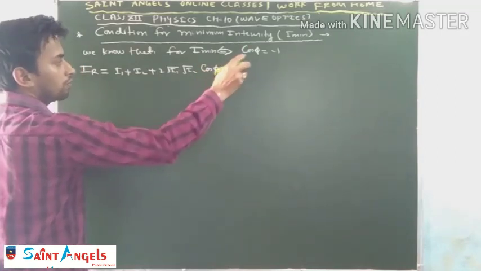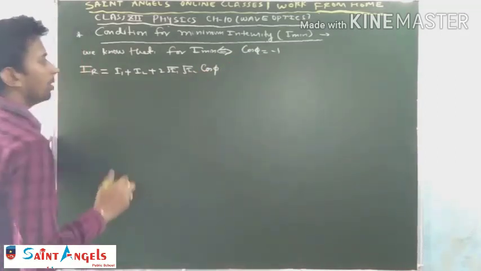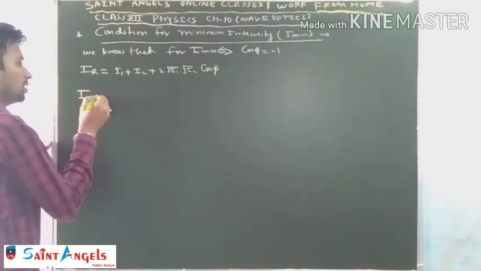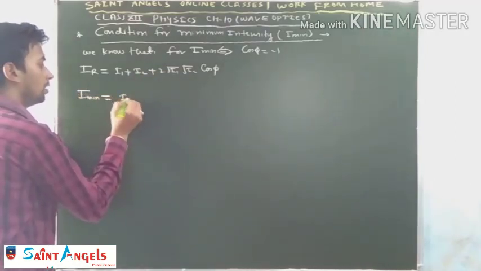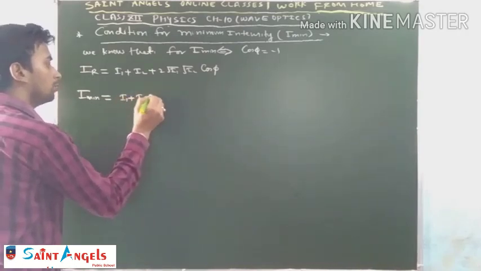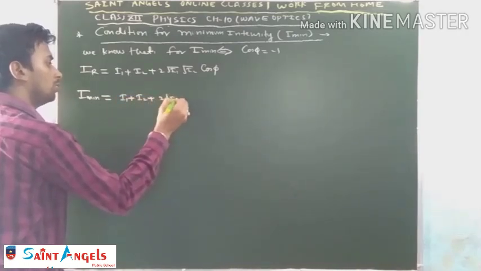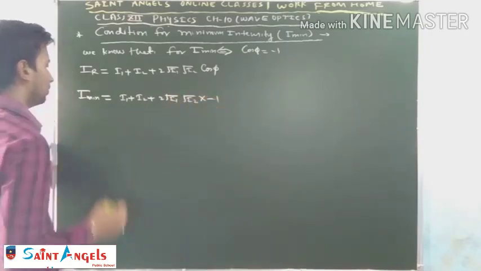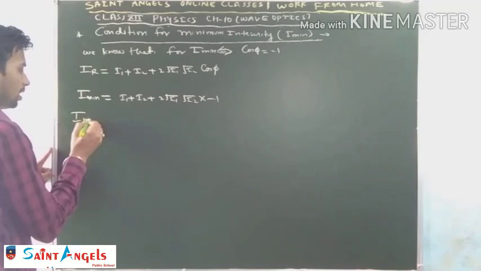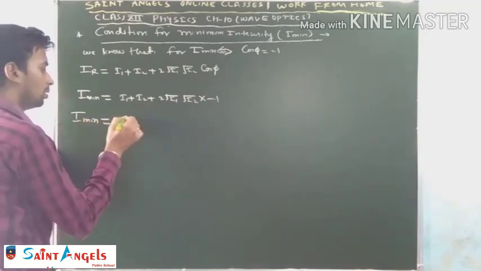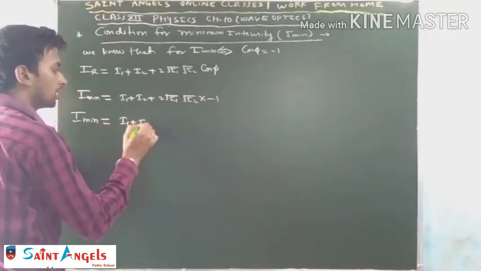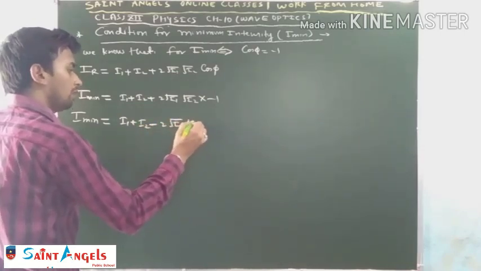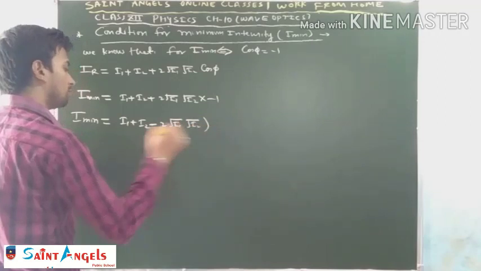Put the value of cos phi equal to minus 1 in this equation. We have minimum intensity equal to I1 plus I2 plus 2 root I1 root I2 into minus 1. It means I minimum equals I1 plus I2 minus 2 root I1 root I2.